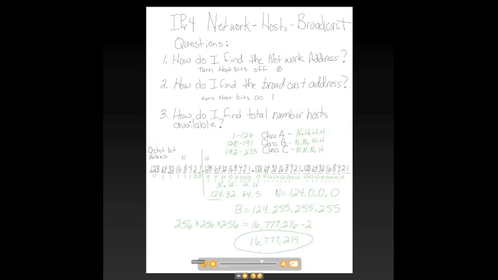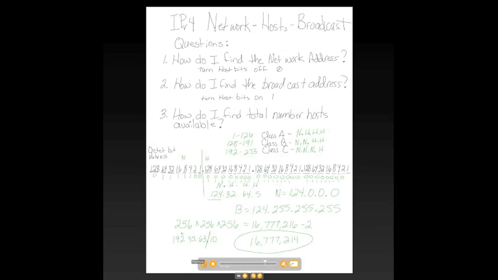A Class C, same thing. Let's go ahead and do a quick example of a Class C. An address, we could say 192.45.63.10. For a Class C address, the first 3 octets belong to the network. So we can draw our line right here.